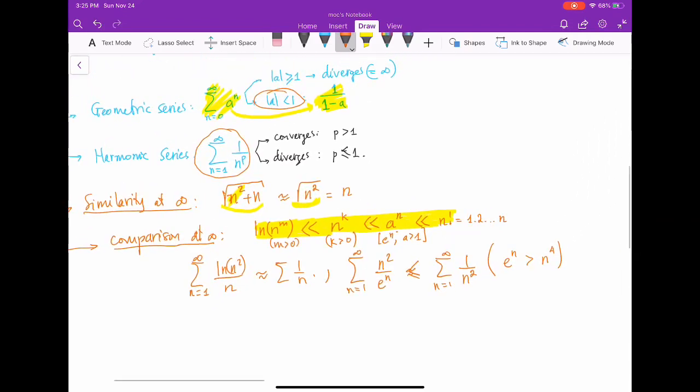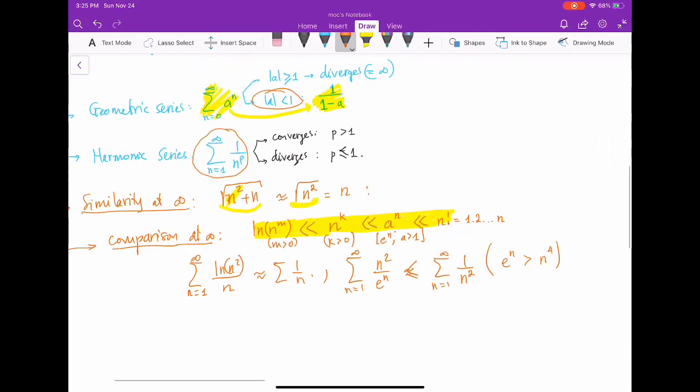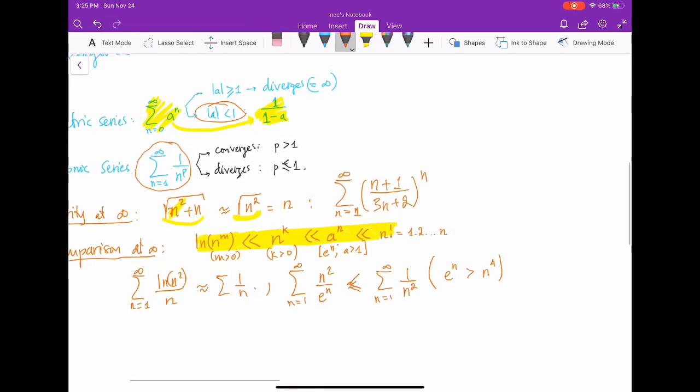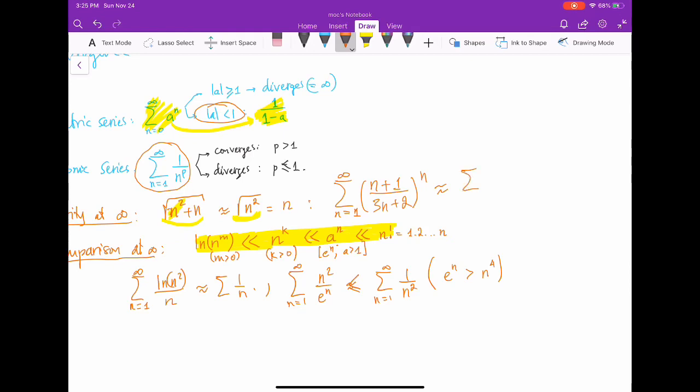Like this, if we use similarity, I want to give one more example. Say this series, which looks complicated: 1 over 2 to the n plus 3 to the n, let's say, any number like 2. This series looks horrible. But if you use similarity at infinity, this is similar to what? The series from 1 to infinity, where on the top you just pick n, and in the bottom you pick 3 to the n.